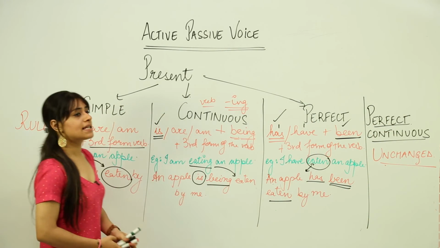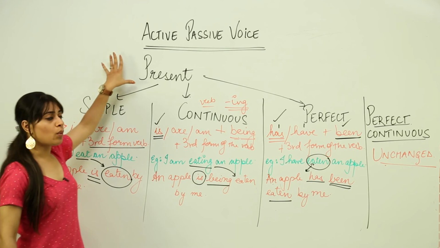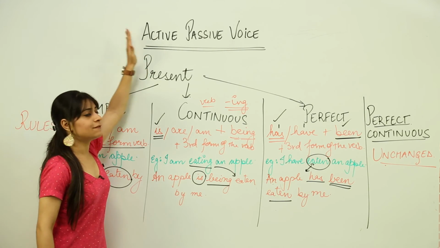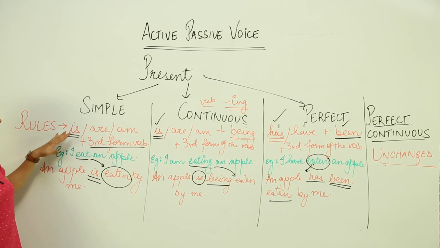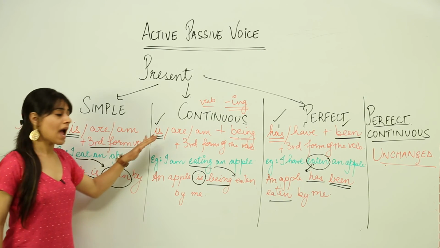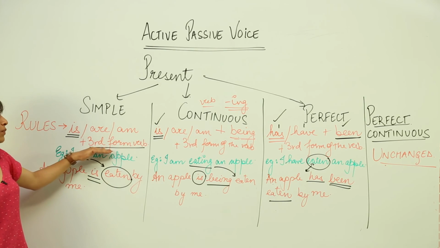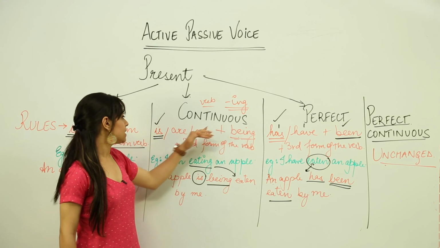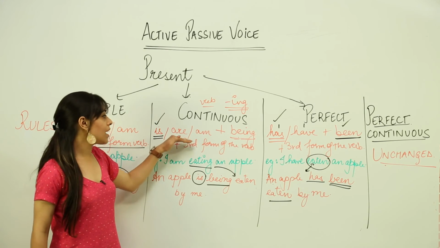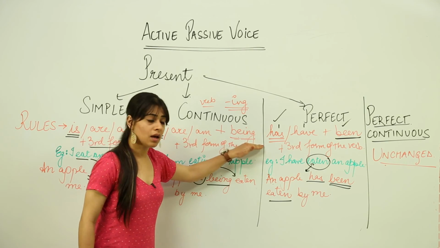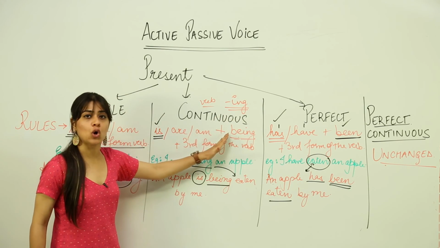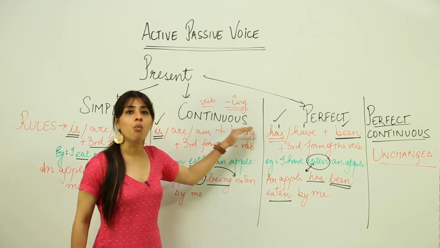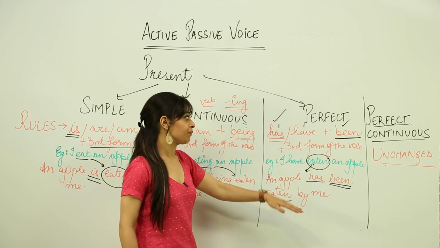Now let's revise this. From converting the sentences from active to passive voice, in present tense, in simple present, the rules are that we use is, are, am and the third form of the verb. For continuous tense, we use is, are, am plus being plus third form of the verb. Remember, the word being shows the continuity of the verb or the action taking place.